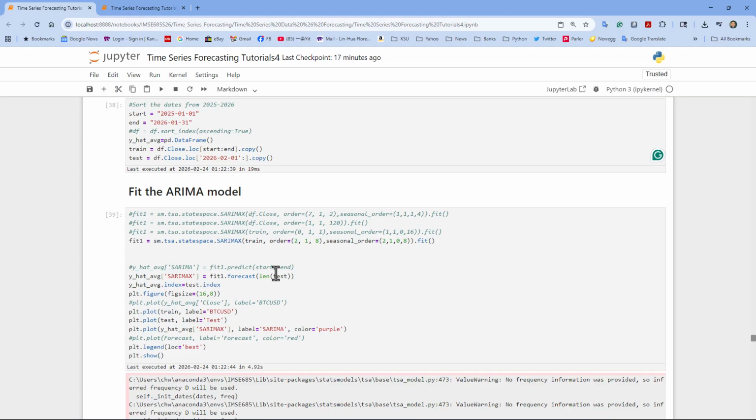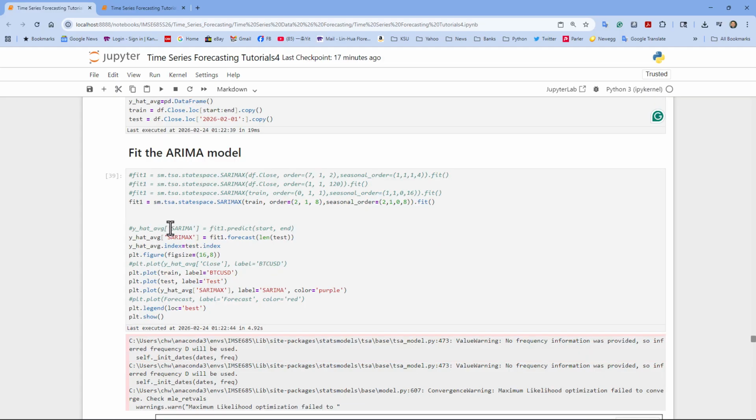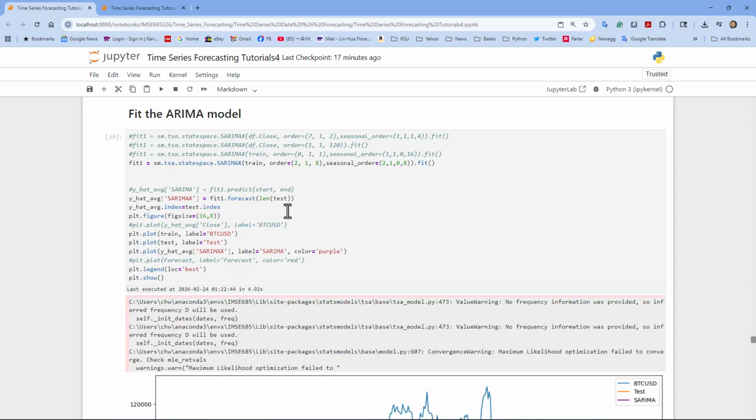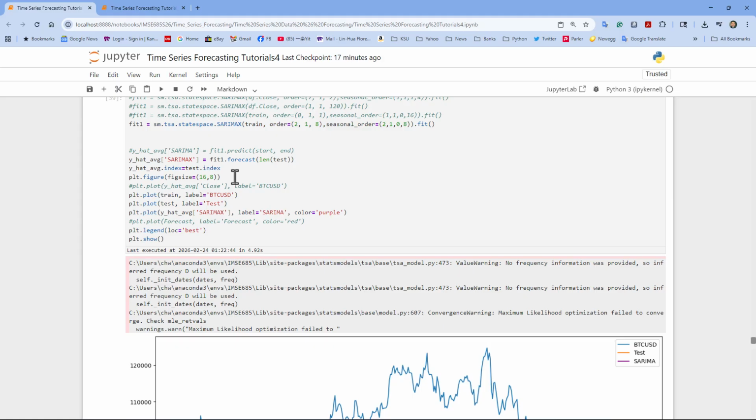Perform the forecast. Okay, I ignore the in-sample prediction for the training data, so we can quickly save some space for the graph part. So here we're going to plot the SARIMAX result.